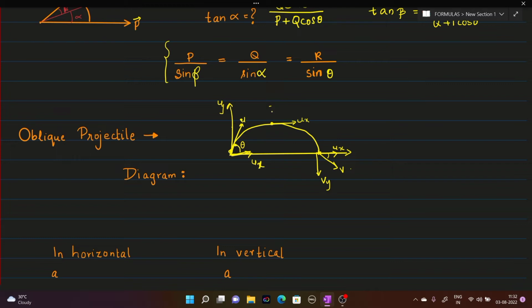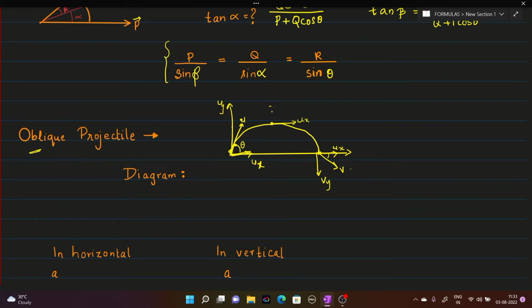Sometimes they give the angle with the vertical, as they did in NEET 2022, where the angle was given with the vertical. So it's always essential that we see with which axis they are giving the angle, because all the formulas are based upon it. This was the diagram format which we always need to remember.